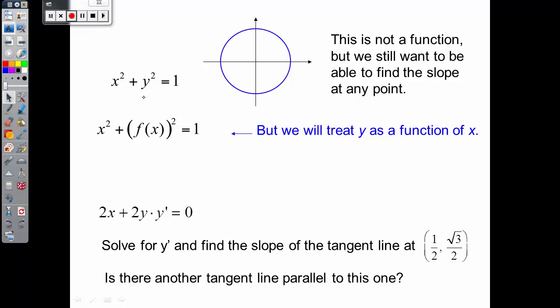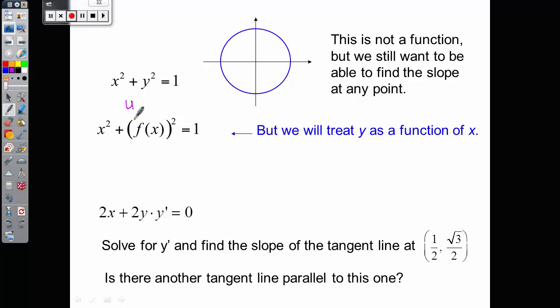So we're going to say that y is just f of x. So now when you take the derivative of this, you know how to do that. The derivative of x squared is 2x. The derivative of f of x squared, you have to do the chain rule, so it's 2 times f of x, times the derivative of the inside.